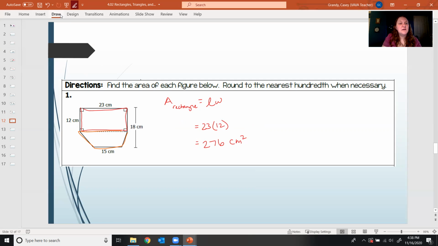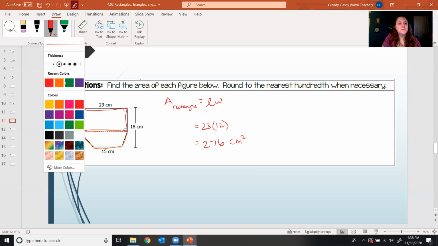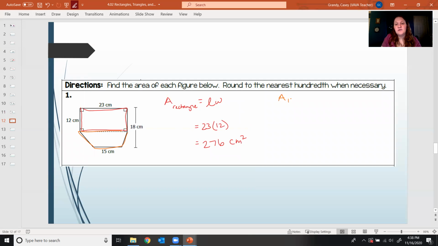Now I have to find the area of my trapezoid. So I'm going to call that area of my trapezoid. And the area of a trapezoid is 1/2 height times the sum of the bases. So here the height will be between the two bases. This will be the height. One base is 15 and the other base is 23.